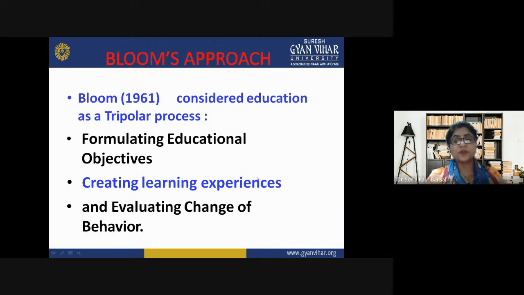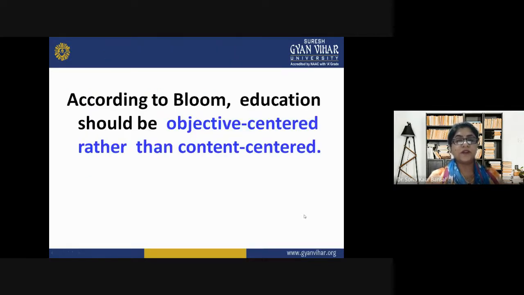And evaluating change of behavior. Change of behavior is expected by a teacher, as I told you at the beginning of the class that I expect some changes, some outcome among you. This is how Bloom's taxonomy works differently on different teachers and students.